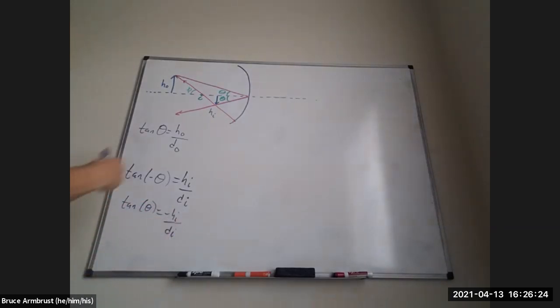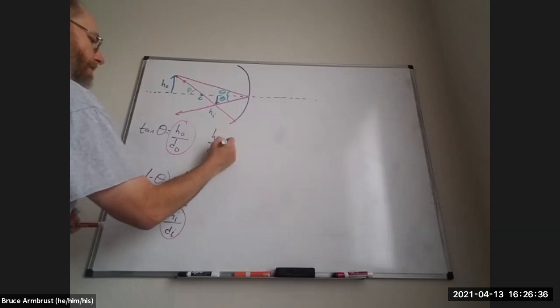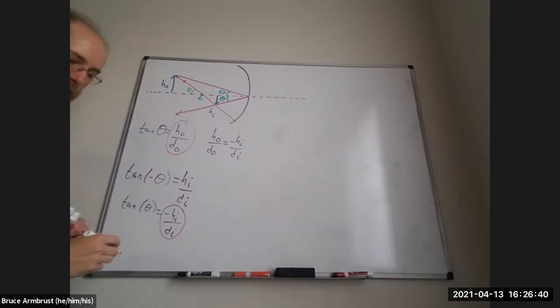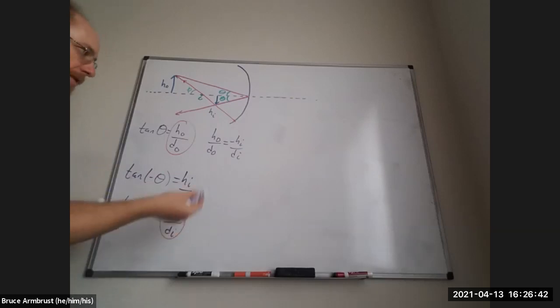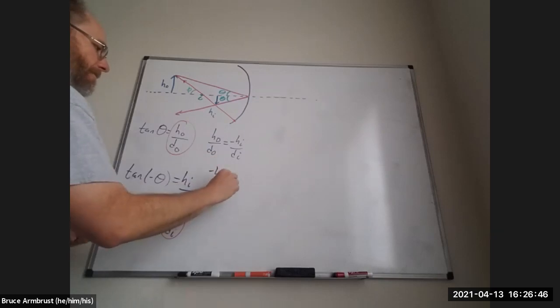And now I can equate these two things. So what we get at this point is HO over DO is equal to minus HI over DI. Or alternatively, it's going to be a little bit easier if we look at it this way.